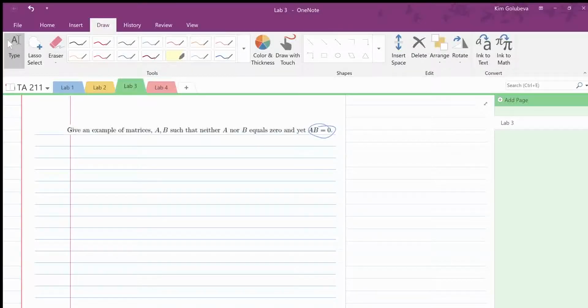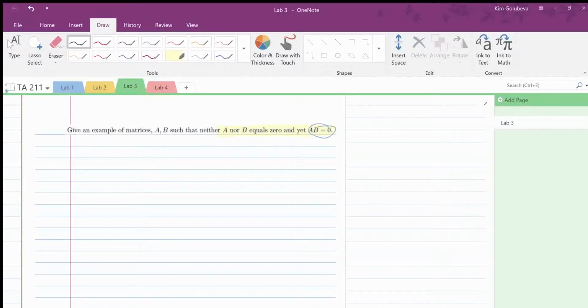Okay guys, I don't know if you want me to go over another example of this, because it's essentially the same thing that we did in our first question. So was it the first question? I think so, yeah. We have to give an example of matrices such that neither A nor B equals 0, and yet their product equals 0.